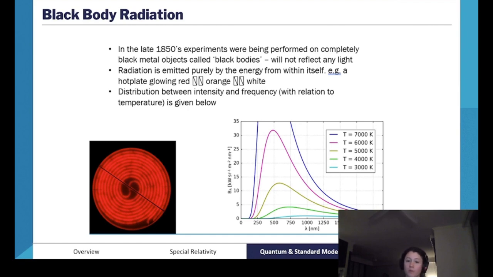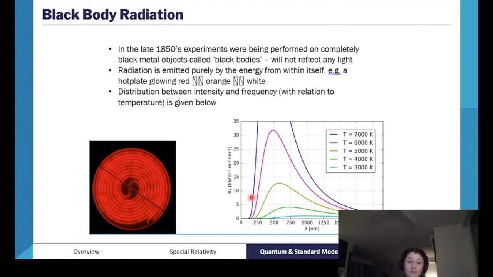So, what we can see on the graph down below is the distribution between intensity and wavelength.